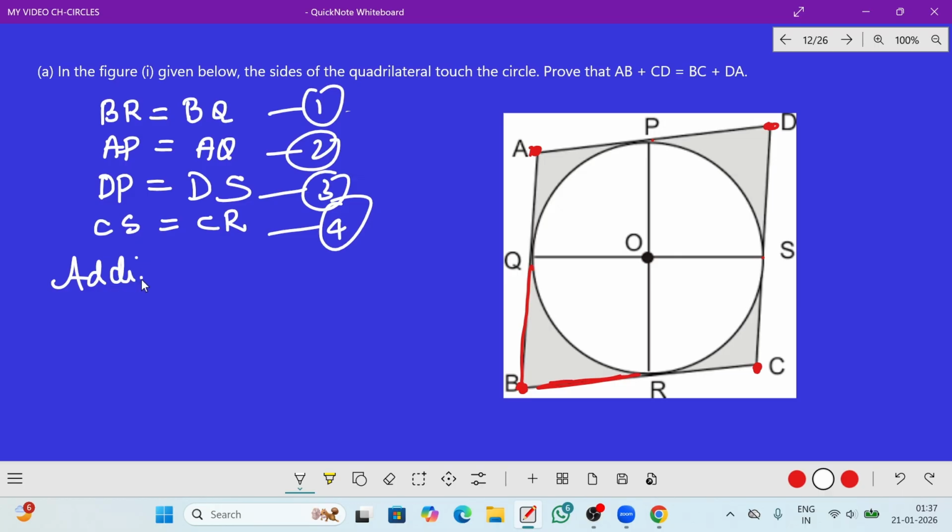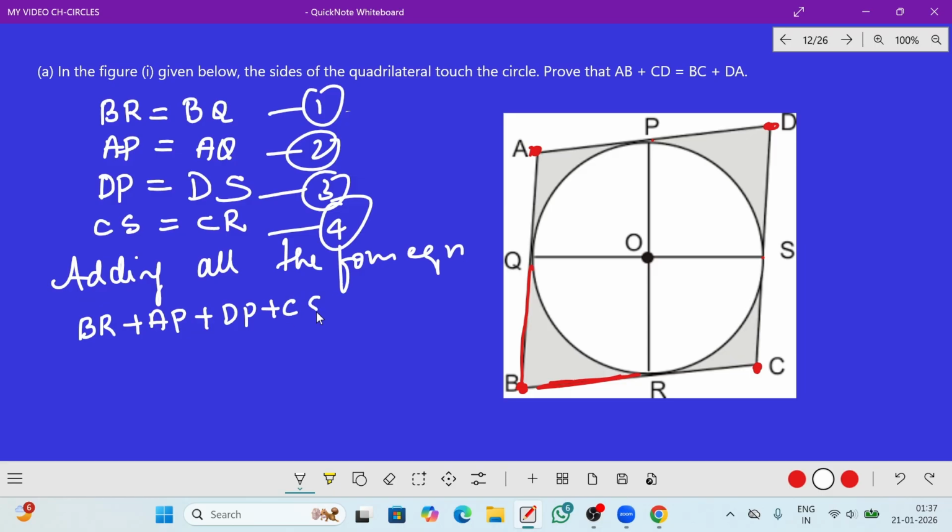Adding all the 4 equations, the left hand side becomes BR plus AP plus DP plus CS is equal to BQ plus AQ. See, he's asking us to show that this is equal to this.